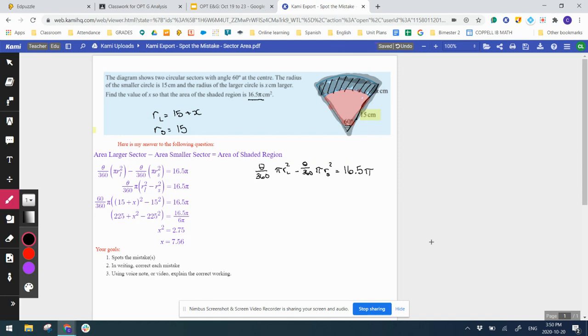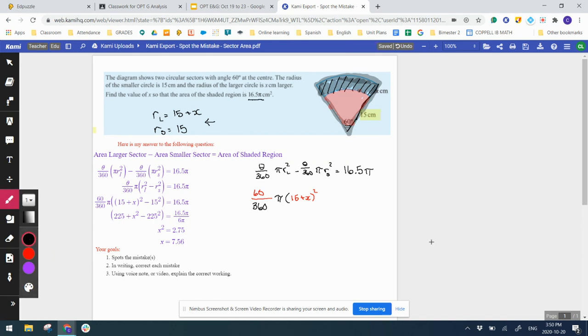So let's sub in some of the numbers we know. We know what theta is, it tells us here. And we know our two radiuses because we made note of them up here at the top. So when we sub in, we have 60 over 360 pi. Our radius of the larger circle squared is that 15 plus x squared.